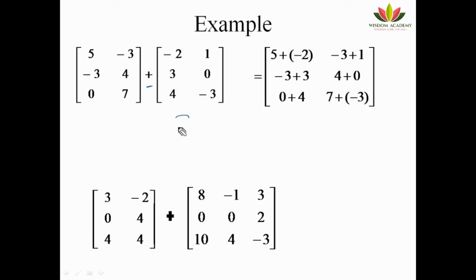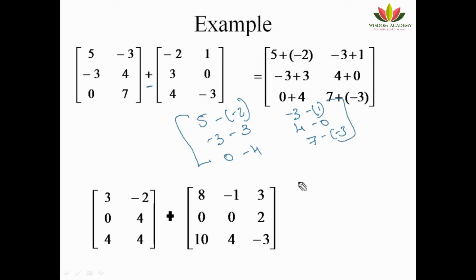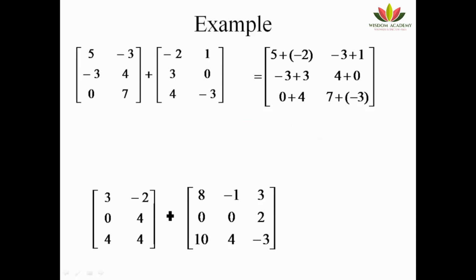So if I want to subtract 5 minus of minus 2, 3 minus 1, minus 3, 4 minus 0, 0 minus 4 and 7 minus of minus 3, this is going to form 7, 4, 4, 10, minus 6, minus 4. So this is the resultant matrix of A minus B. And this is A plus B, which we already got.